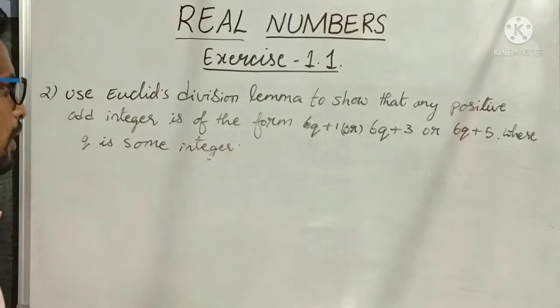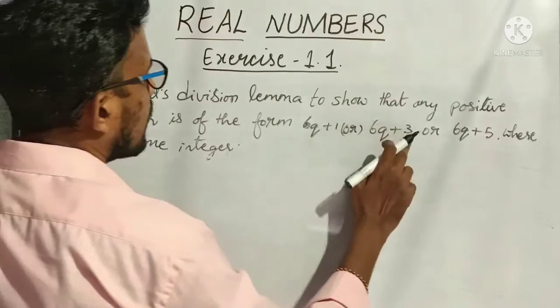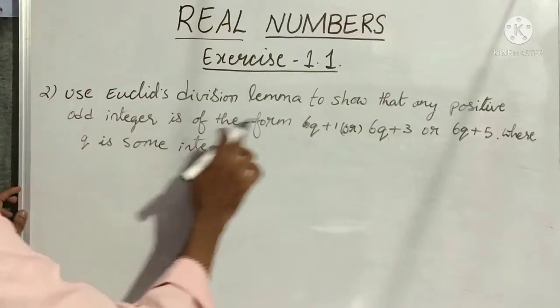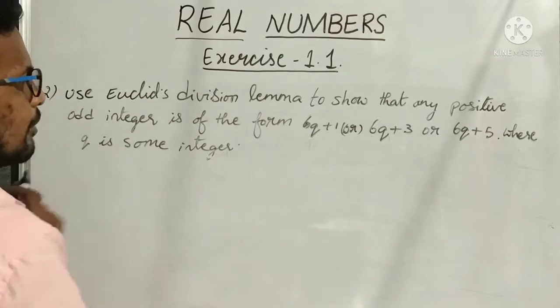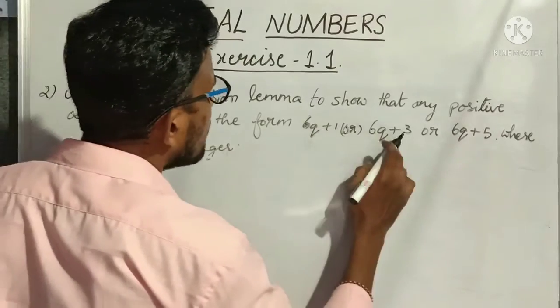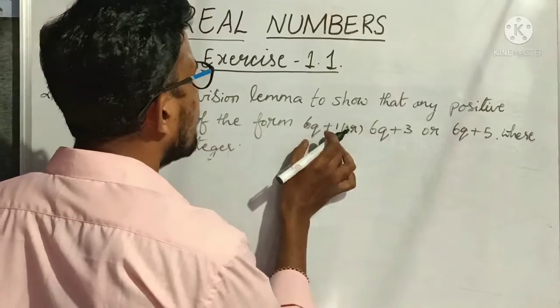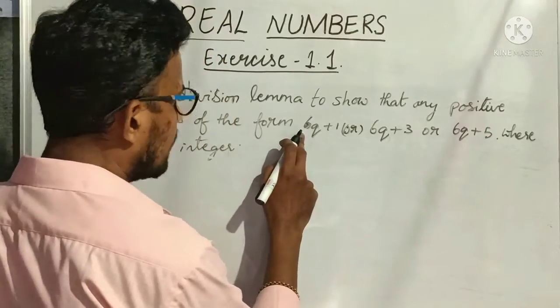Okay, so now we have to prove that this 6q plus 1 or 6q plus 3 or 6q plus 5 is any positive odd integer by using what? Euclid's division lemma, right? So if this is 6q plus 1, 6q plus 3 or 6q plus 5, then clearly we can see that the b value is 6, right?